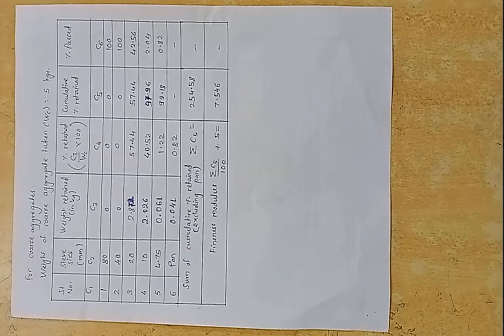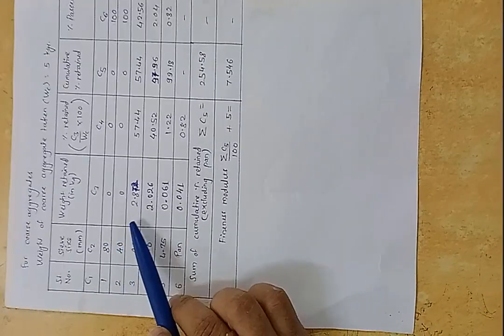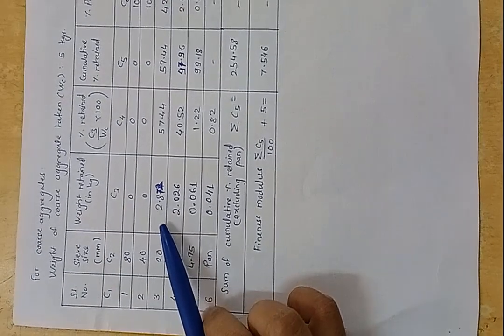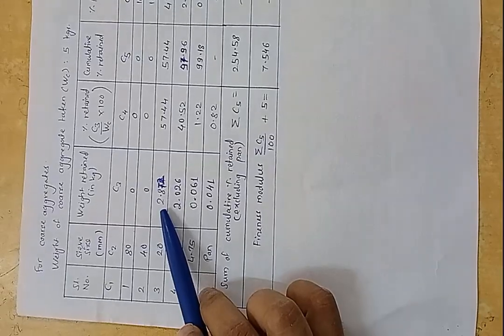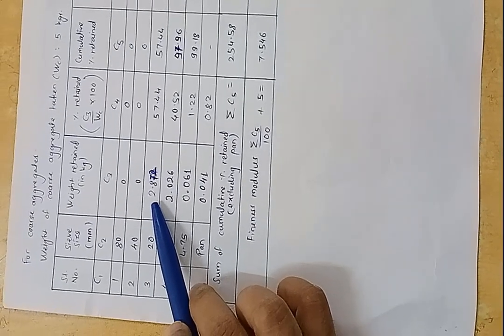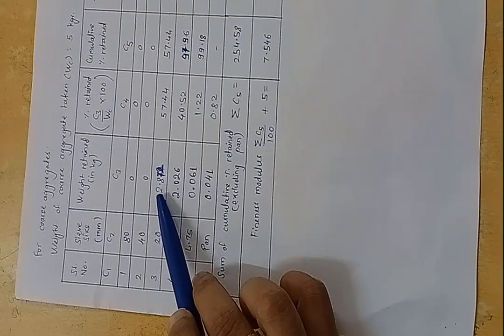So now here you will see in this table the readings are given. So we fell short of 28 grams, which we have adjusted here in the 20 mm sieve, because we found that while pouring the aggregates in the 20 mm sieve, some of the aggregates fell down.